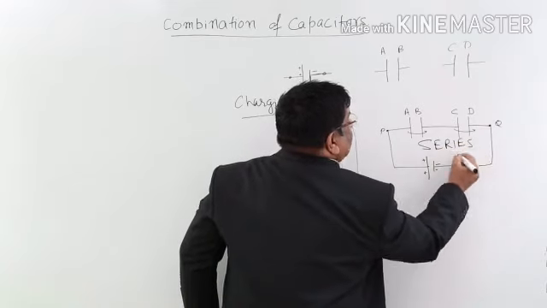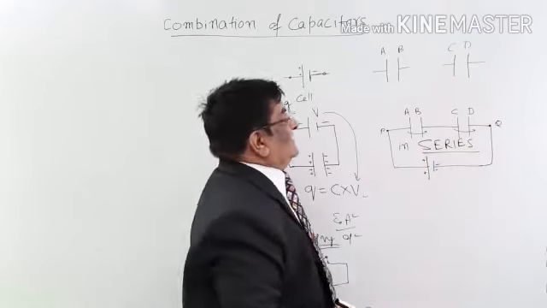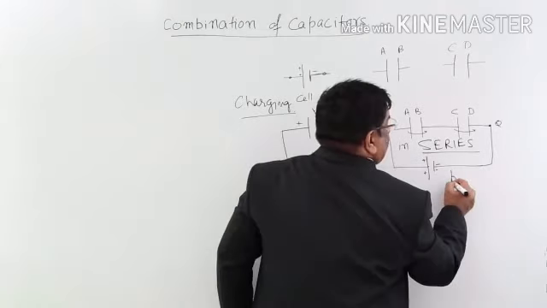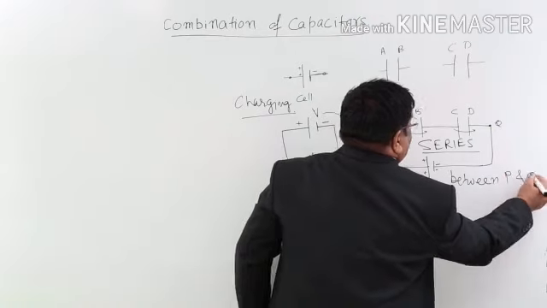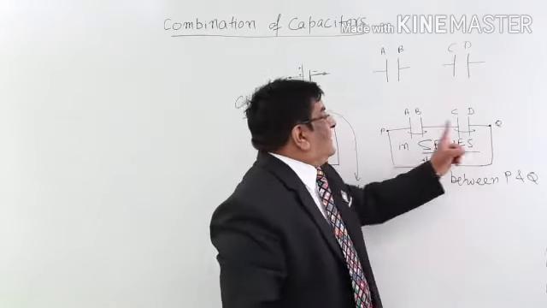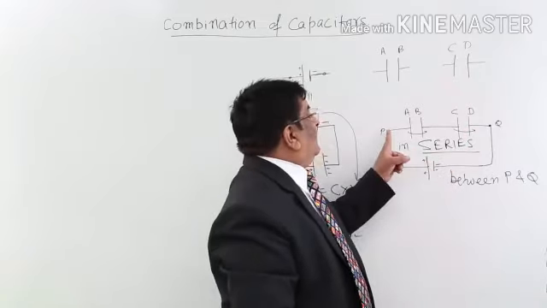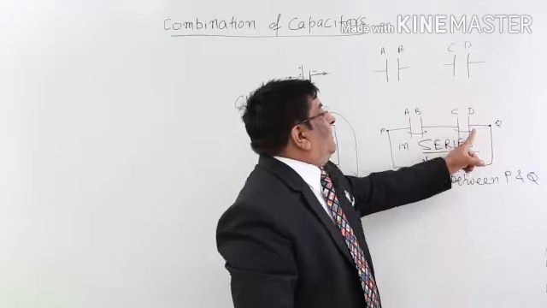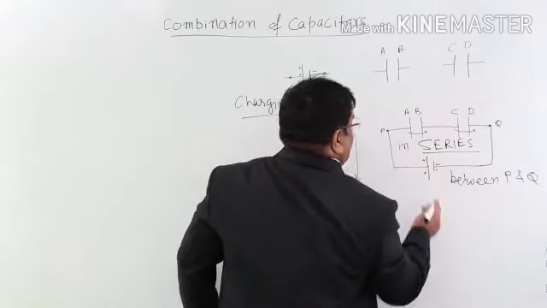This word we must remember, that these capacitors are in series between P and Q. So between any two points, the capacitors are supposed to be in series when going from one point to the other point, we have to pass through every capacitor. Now this is series connection.